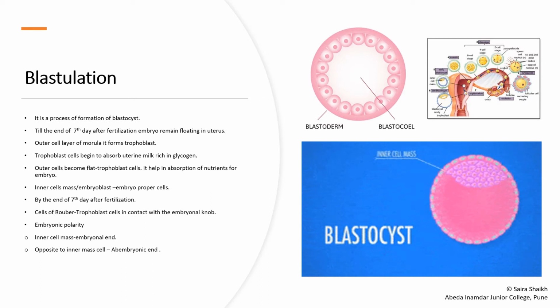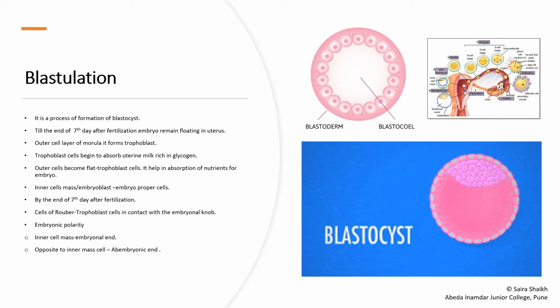Inside the trophoblast cells is the inner cell mass. These are the actual embryo cells, and they are going to develop into the embryo. By the end of the seventh day of fertilization, the trophoblast cells make contact with the embryonic cells. These are called cells of Rauber.